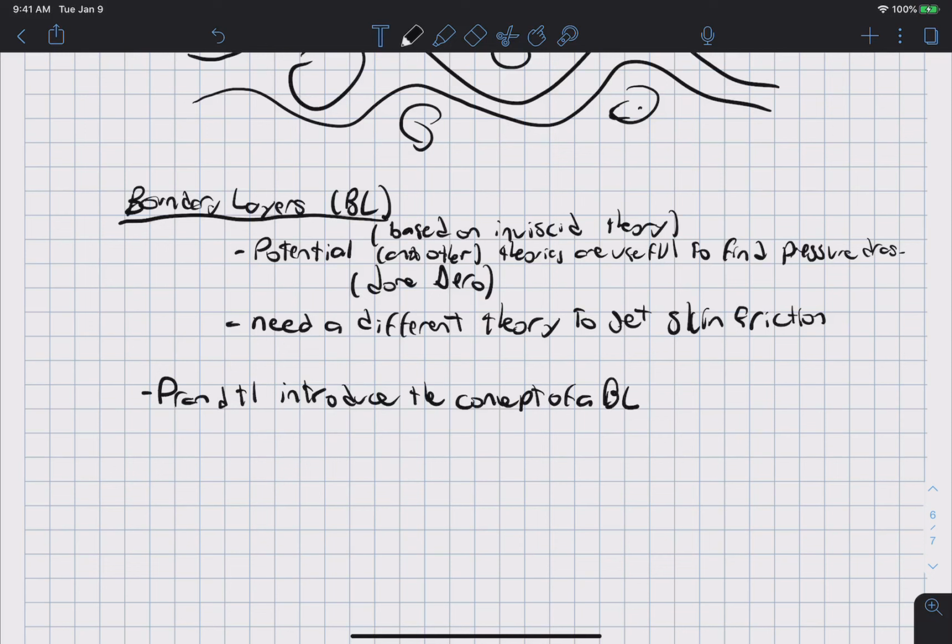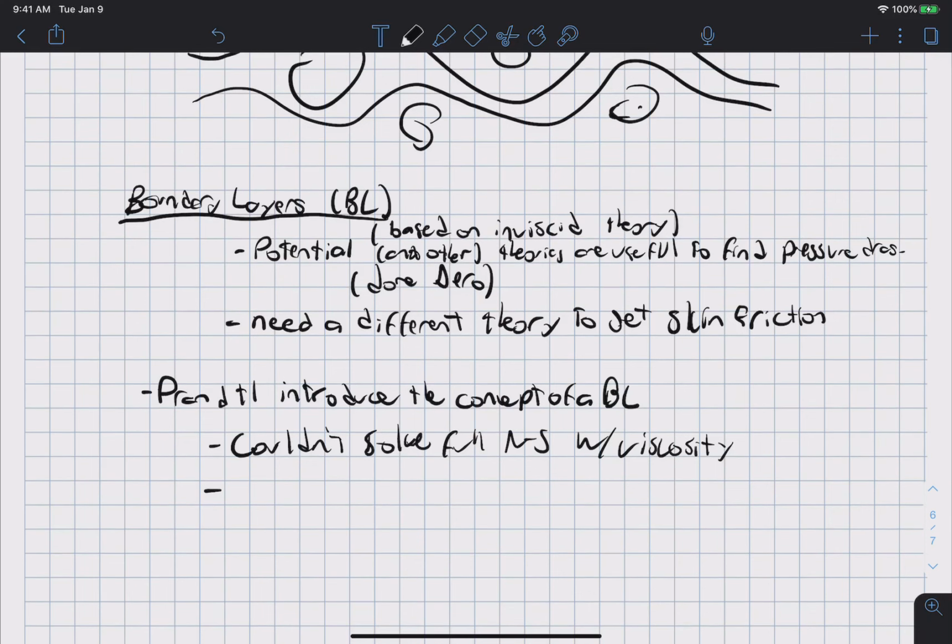Back in the day, you couldn't solve the full Navier-Stokes equations with viscosity, and even today it requires fairly large computers to do a lot of practical cases.